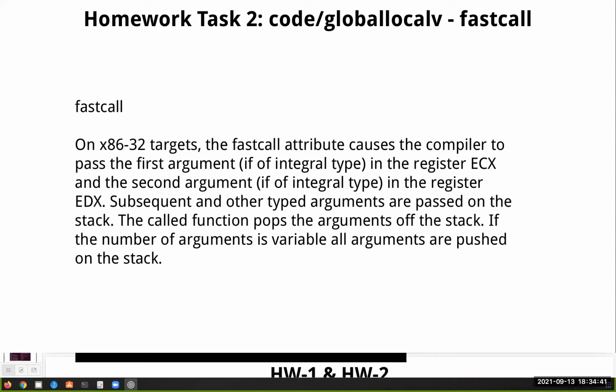Fastcall will not put the first argument onto the stack. Instead, we will put the first argument in ECX and the second argument in EDX. So in the homework, you are going to read that disassembly to check that. Even though on 32-bit x86 this is called fastcall, it is actually standard for other architectures.